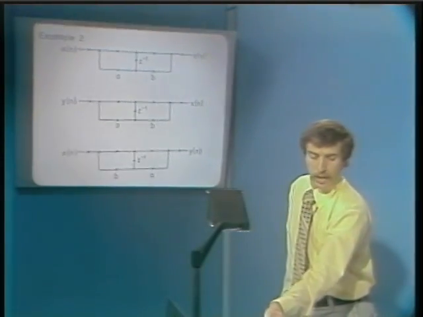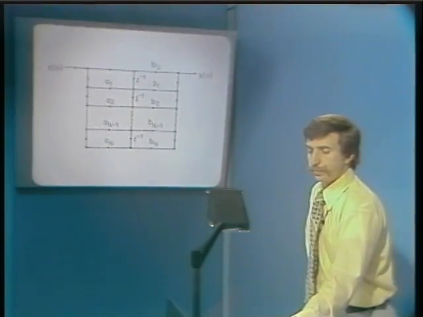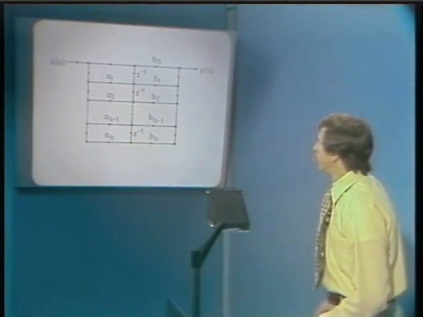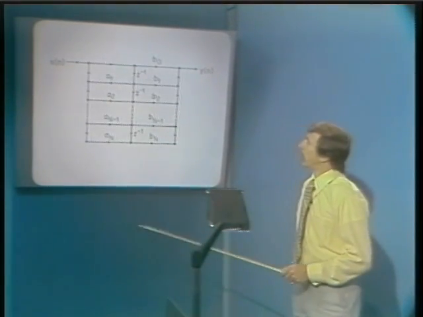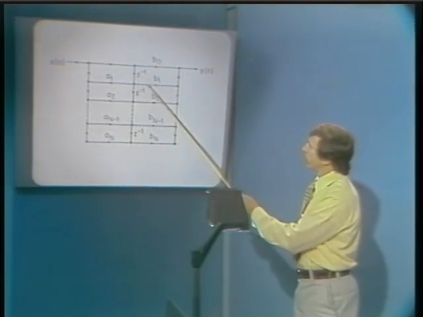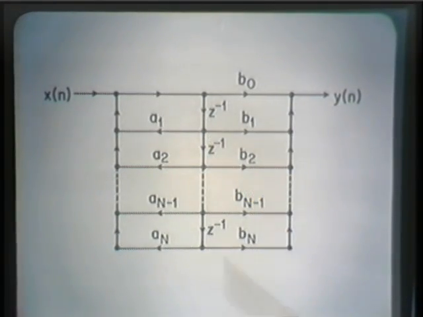Well, returning then to the general canonic structure that we had, we can generate a second canonic structure by applying the transposition theorem to this structure.